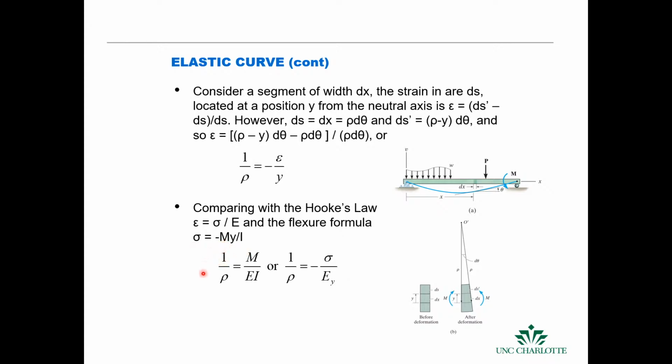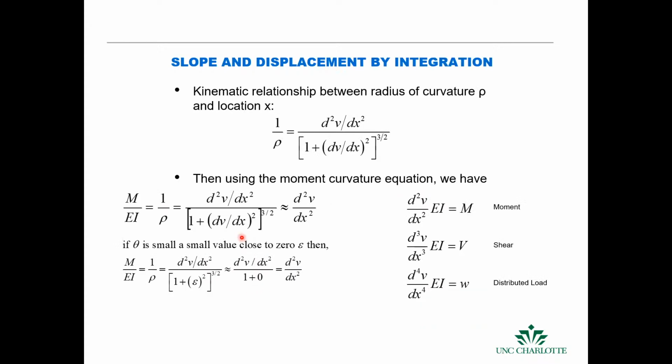Okay, and this is how we can describe the elastic curve. Now, there's a kinematic relationship between the radius of curvature and the location x. Okay, so this is our curvature equation from calculus.